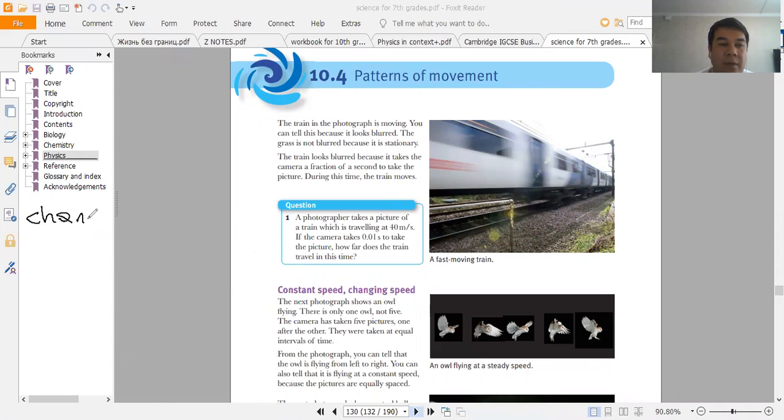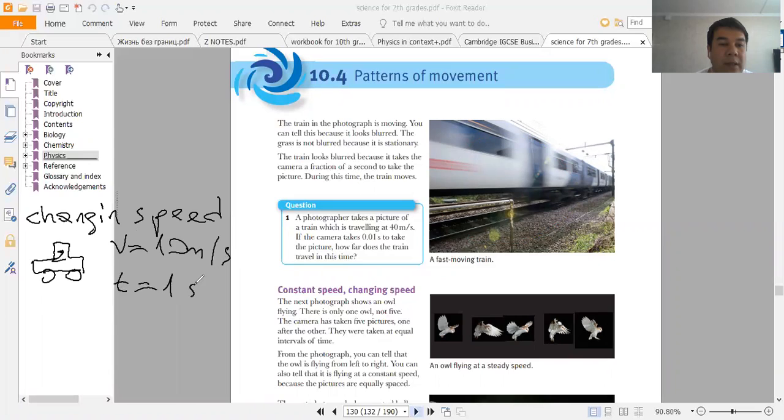Let's see the changing speed. When we talk about changing speed, again we have a car here. The velocity of the car is equal to 10 meters per second when the time is 1 second. We check again, and when time is equal to 5 seconds, the velocity of the car has changed to 30 meters per second.